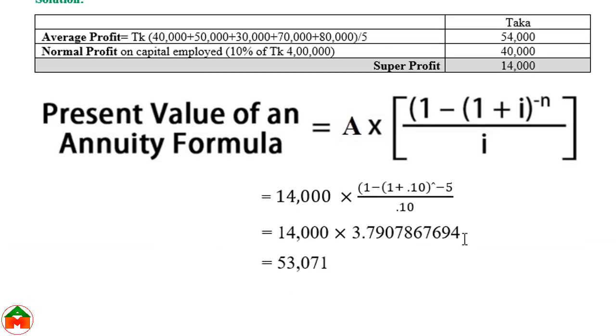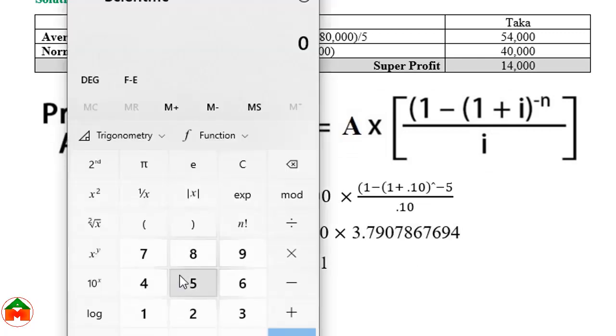However, I am going to show you how to calculate this one in the calculator. This is the calculator. From this calculator, we will calculate the 3.7907867694. First, we need to give the first bracket, then 1 minus, again first bracket, 1 plus 0.10, first bracket, then the sign of to the power.